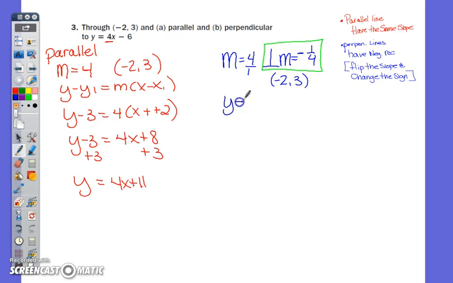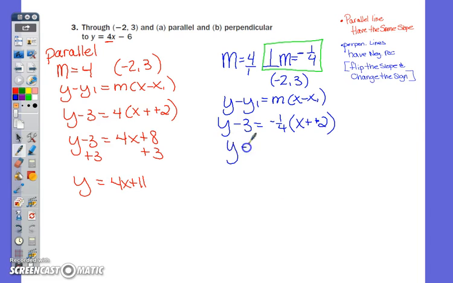And we say y minus y sub 1 equals m times x minus x sub 1. So y minus 3 equals a negative 1/4 times x minus what? Our negative 2. Don't forget to fix these two negatives into a positive.